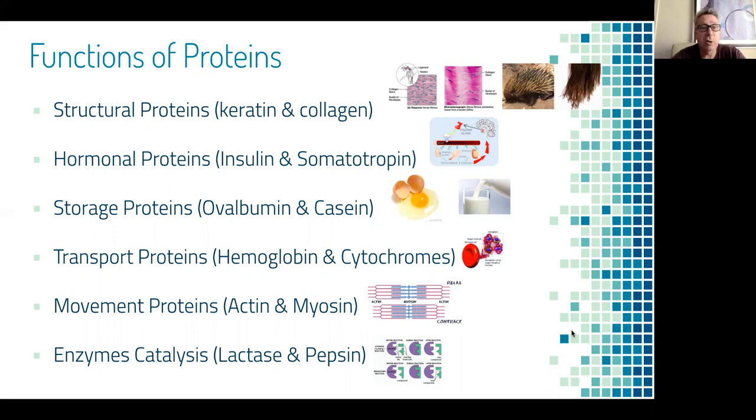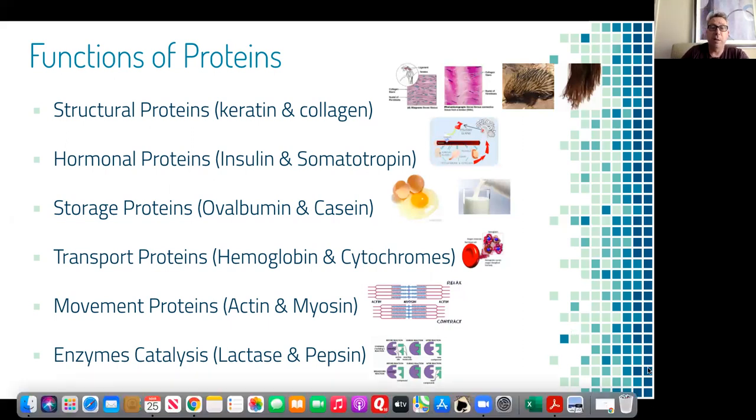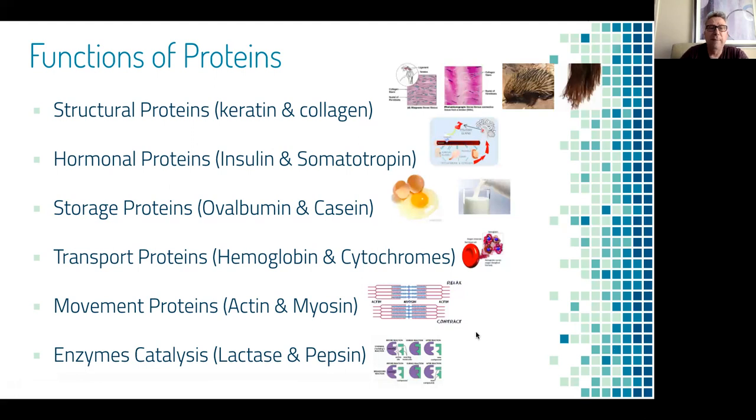They help the chemical reactions that take place. For instance, lactase breaks down the lactose in milk so you can use it as glucose, whereas if you're intolerant, you may be deficient in that particular enzyme. And pepsin is the one that breaks down proteins.